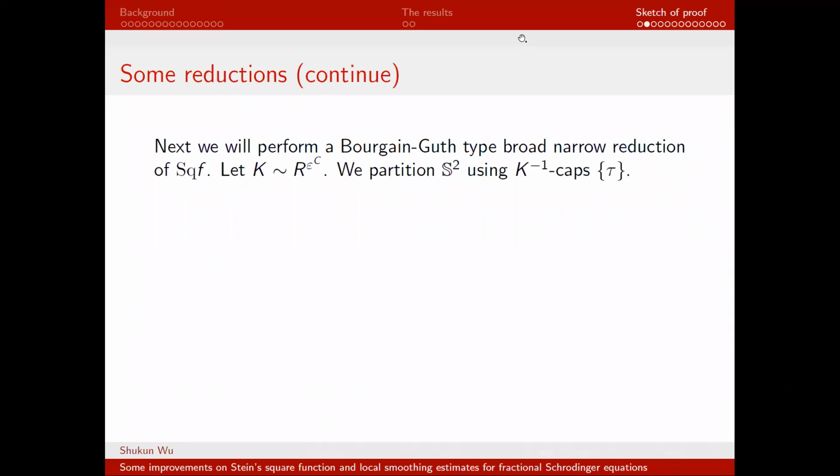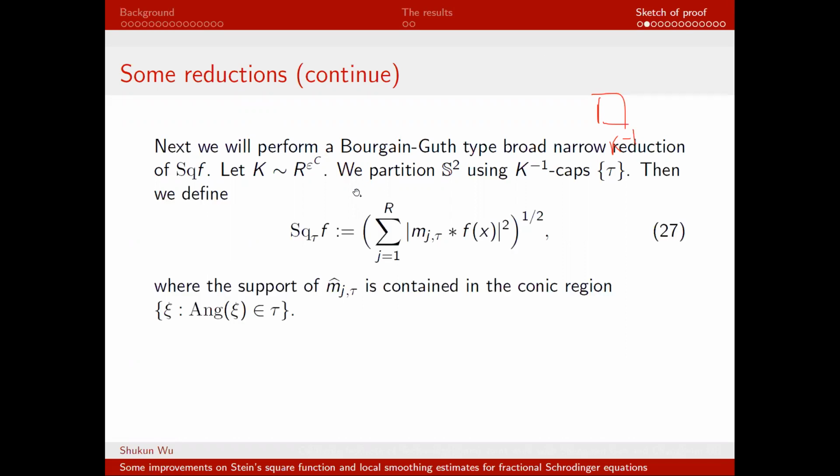So basically tau is like a square with side length K to the minus 1. Then we define the square function associated to tau by this.